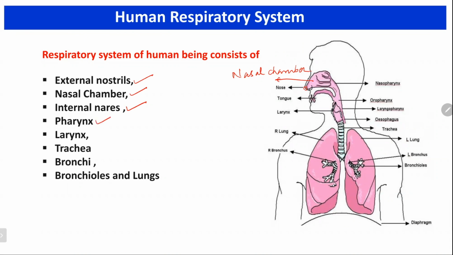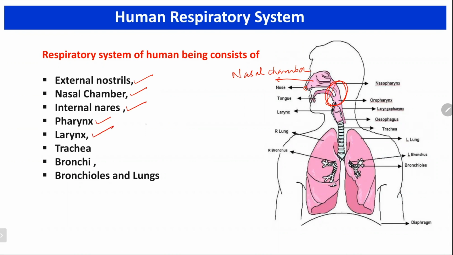Pharynx. Pharynx is popularly known as throat. You can see this entire portion is pharynx. And the pharynx again opens into what? On one side it opens into esophagus, on other side it opens into larynx. So that is what you can see.